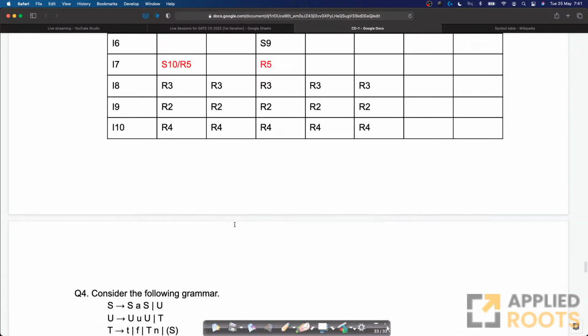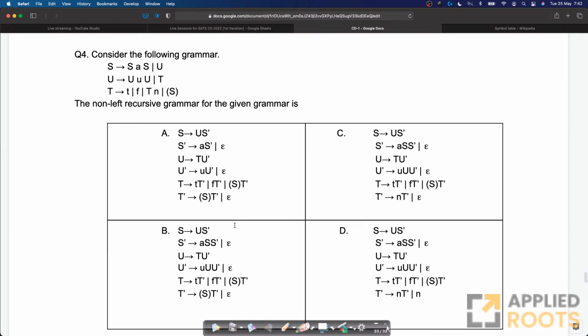Okay, so I have all of these details here. Let's tackle this question now. A very standard type of question in GATE again. Compiler design is all about following the steps. I'll write it here for you. Follow the steps carefully.